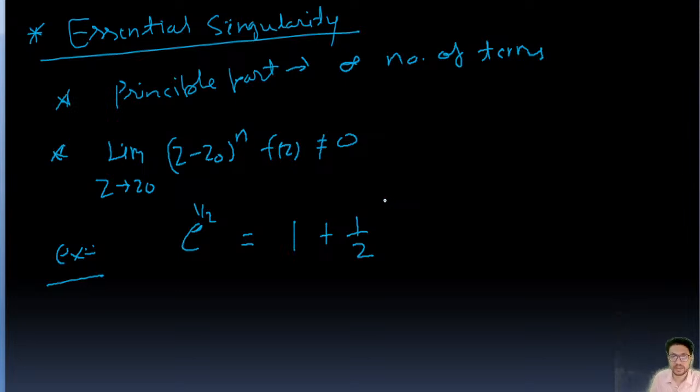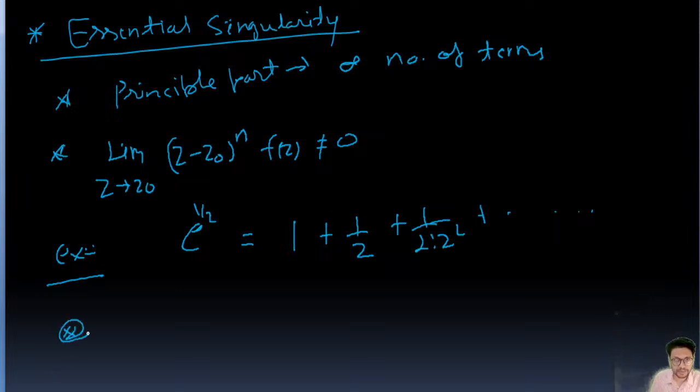If you expand this, it is going to be 1 plus 1 upon z plus 1 upon 2 factorial z square plus and so on. Here you can see clearly that there are an infinite number of negative powers of z. So this is an example of essential singularity.